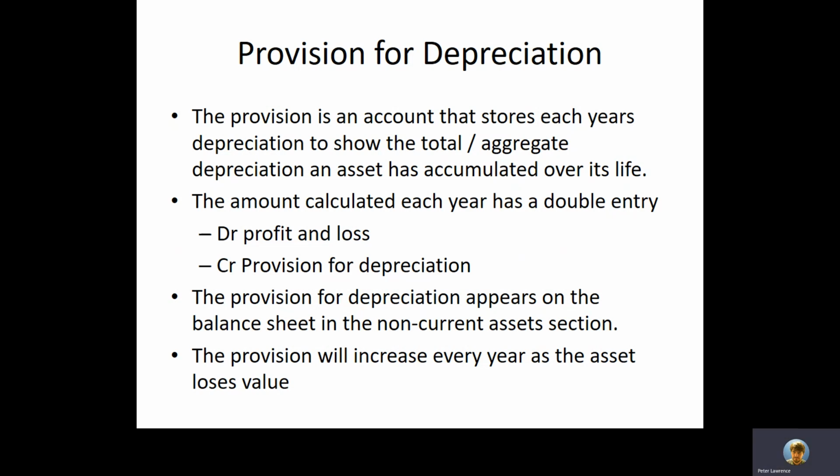The provision accumulates all of those expenses and adds them up so that we've got the total amount of value that that asset has lost. Now, the provision appears in the non-current assets section of the balance sheet.